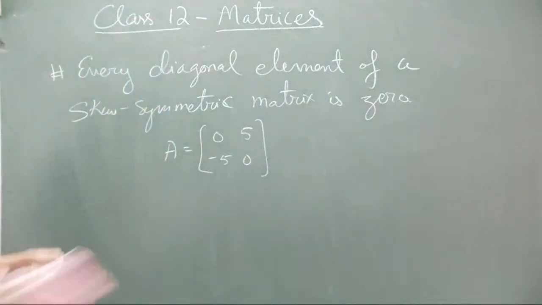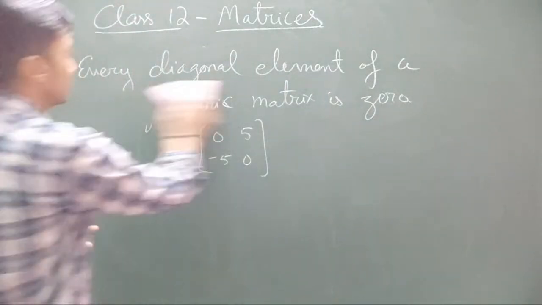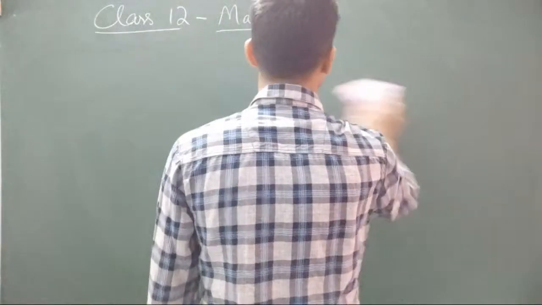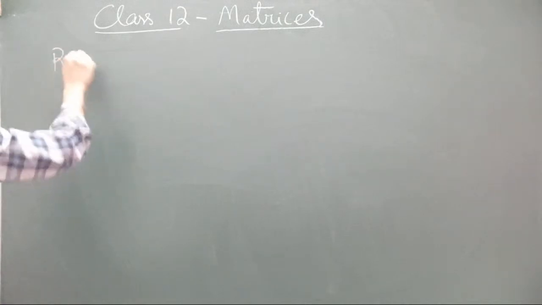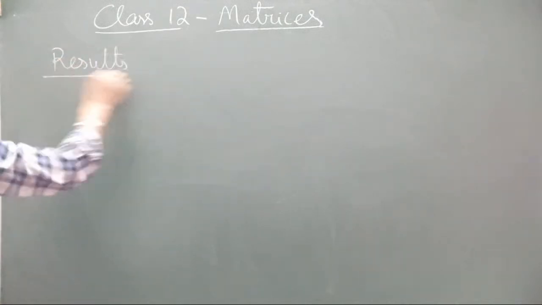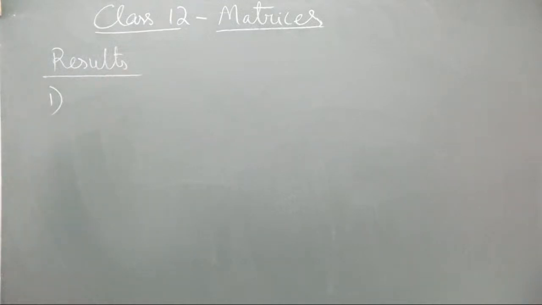Alright? Okay. Now, time for some results again. Again, we are not going to go for the proof, we just need the results. I'll just straight away give you the results only, okay?